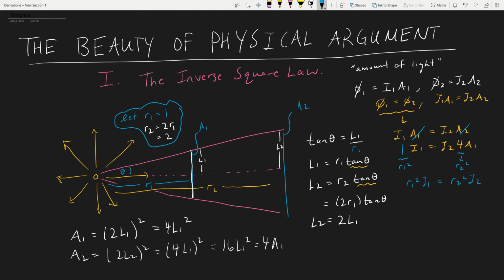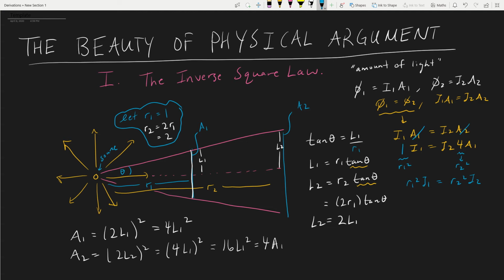Now, what does this tell us about how intensity varies with the radius? Well, these two things are constant. And if we generalize, I would argue that there's some source here.